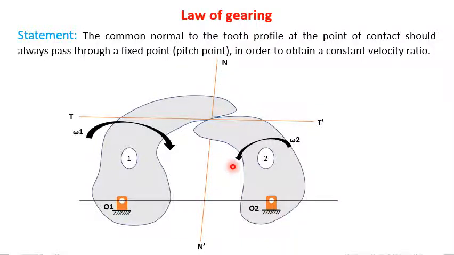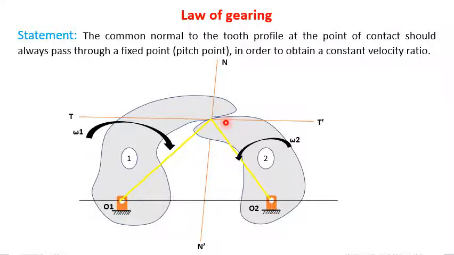Once we draw this common tangent, the next step is to draw a line from the center of rotation to the point of contact. This is called the pitch point. Similarly, for the second body, from the center of rotation to the point of contact or pitch point, draw a line.